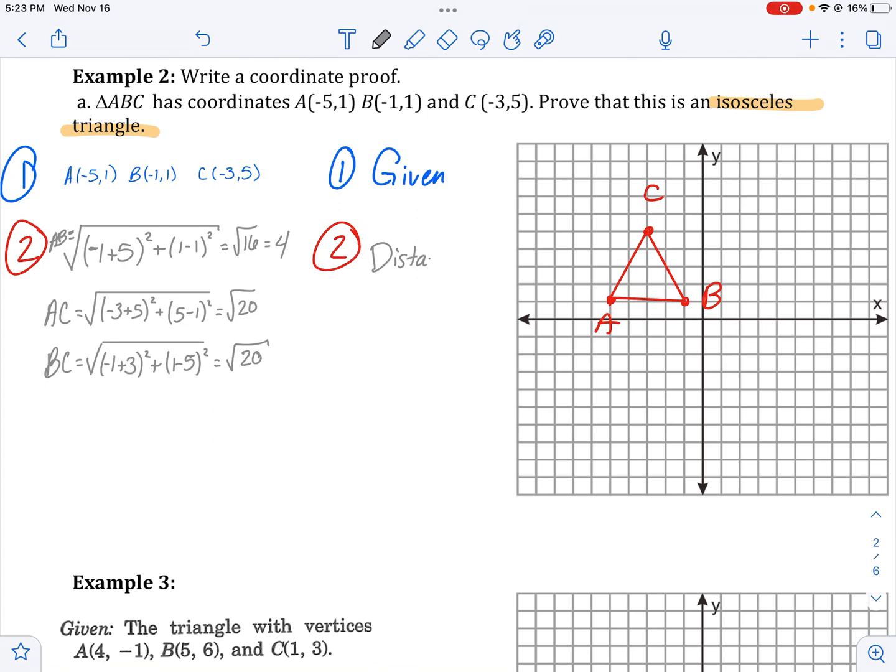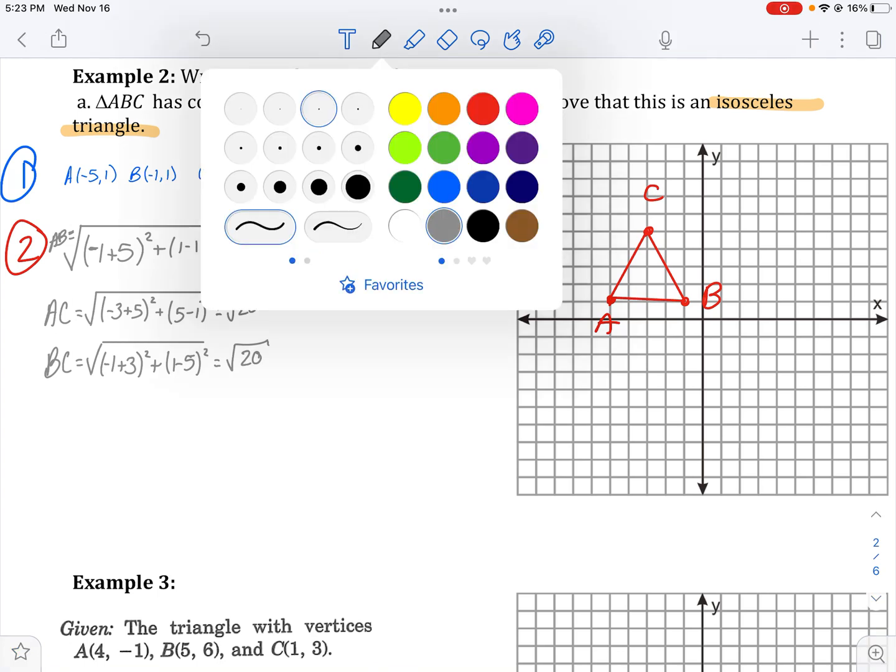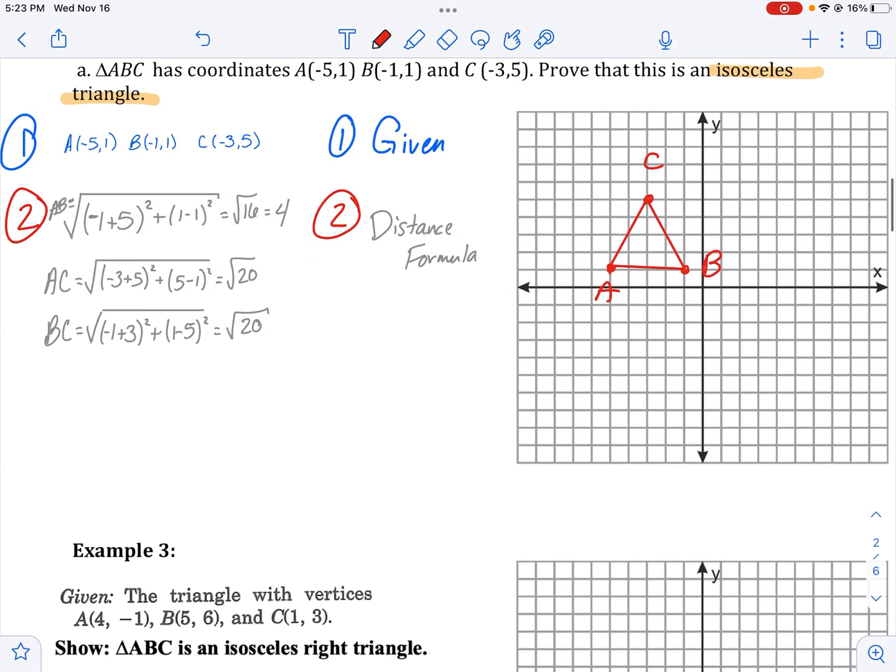And I know that this is true because I used the distance formula. So by the distance formula, I can claim that these three sides have the lengths of 4, square root of 20, and the square root of 20. Now that I have these sides, I can say that AC is congruent to BC by the definition of congruent.